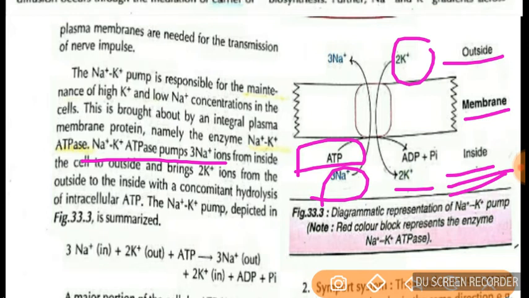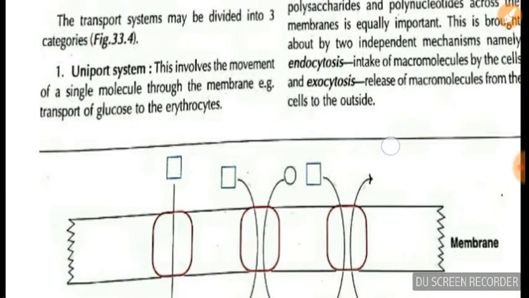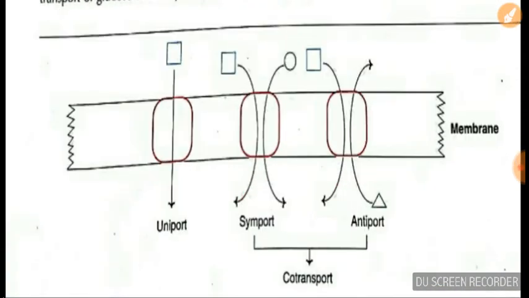One more important term is the co-transport system, and the example is sugar. That is, along with the sodium potassium pump, one more molecule is also transported, that is sugar. So we can understand these transport systems in these terms also. That is uniport. What is that? The same one molecule is transported from higher to lower, in one direction.